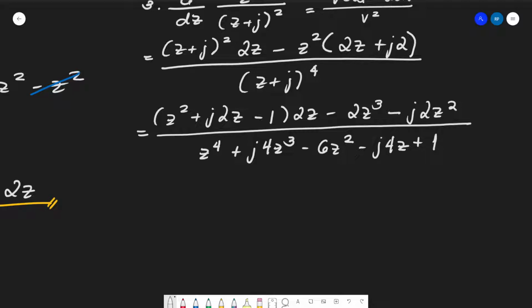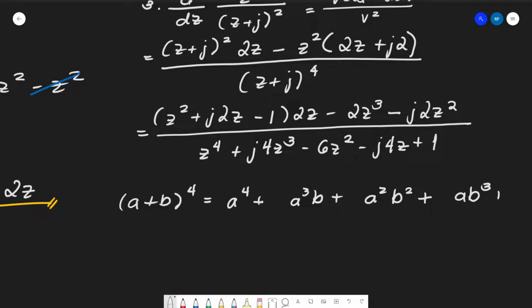Bakit kaya siya naging plus 1? So, remember, kapag we have a plus b raised to 4, this is equivalent to a to the fourth, increasing, decreasing exponent, plus a cubed b plus a squared b squared plus ab cubed plus b to the fourth.